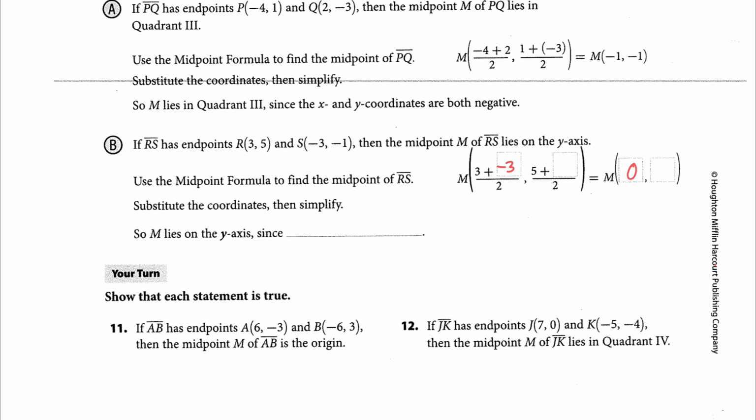R has a y value of 5, and S has a y value of -1. And adding those together, we get 4. 4 divided by 2 is 2. So that is on the y-axis, since the x-coordinate is 0.